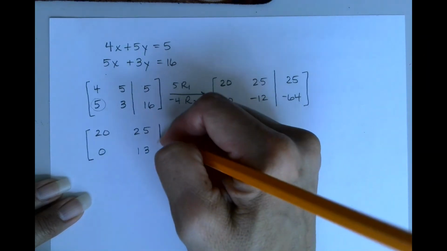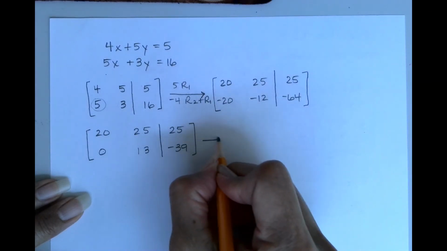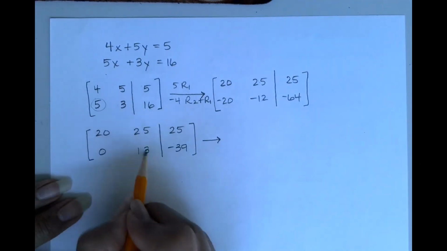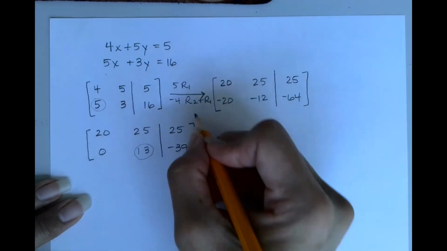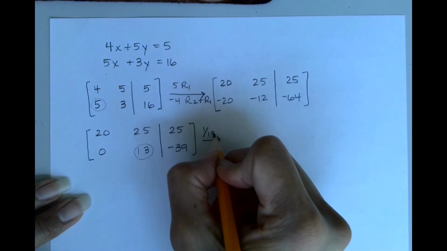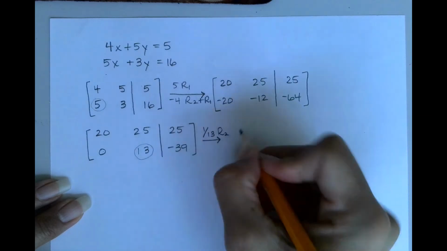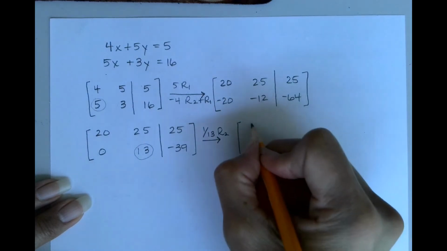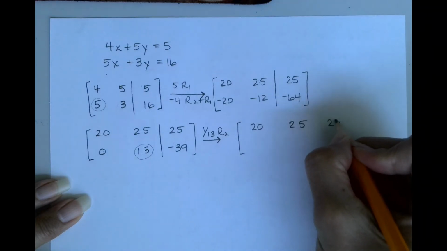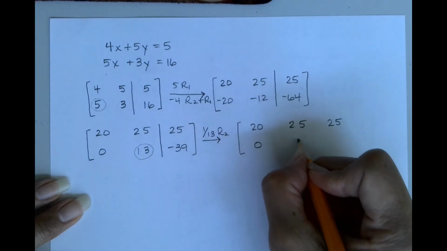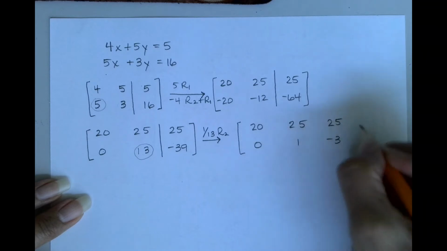Okay. Now, remember I told you that this diagonal, I want it to be a 1, so I'm going to multiply row 2 by 1/13. This row is not changing. This is going to become a 1, and that's a -3.